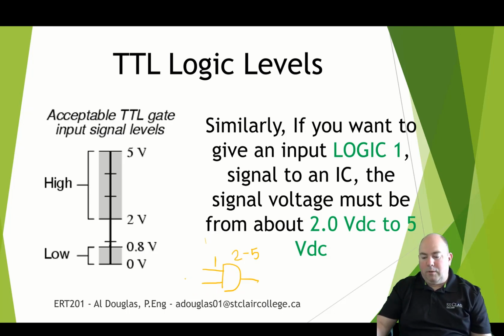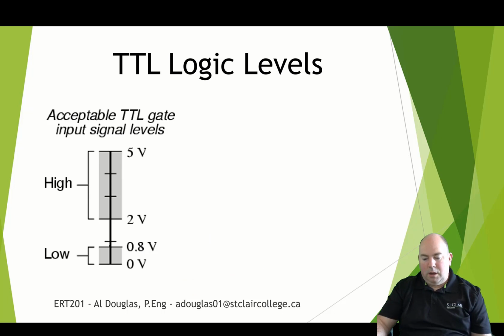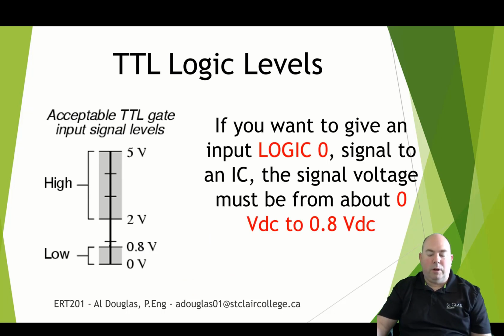If I want to give it a low signal or a logic 0, I need to give that somewhere between 0 and 0.8 volts. Okay, so I can give it a little bit of voltage, but as long as it's lower than 0.8 volts, you'll still consider that to be a 0.